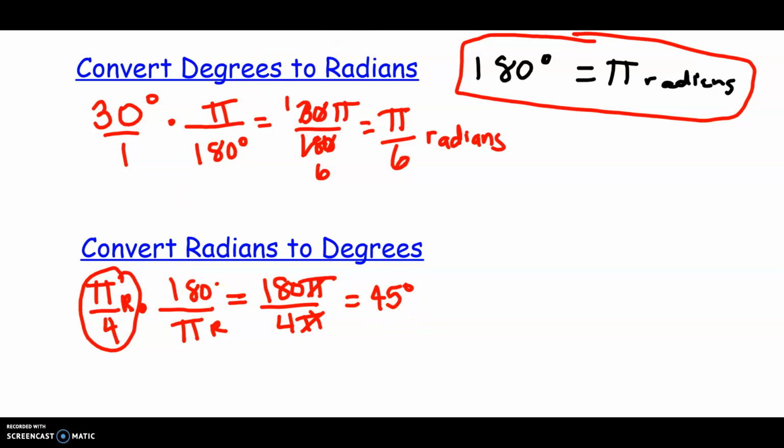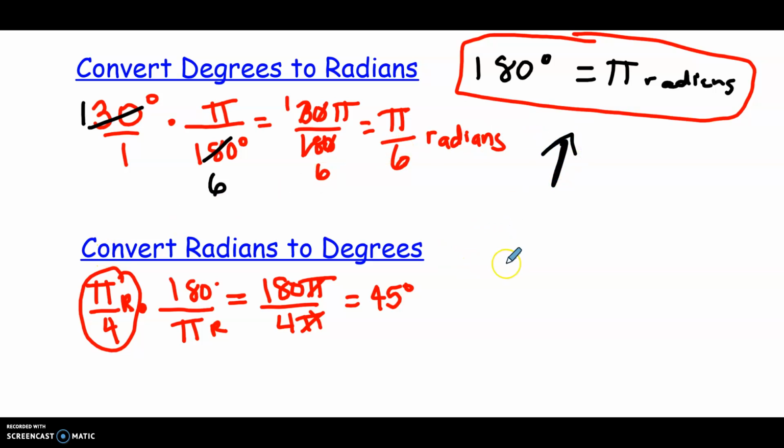Guys, you could cross-reduce before, like here, I could have cross-reduced and said 30 goes into itself once and 30 goes into 180 six times. But you just need to know that if you're multiplying fractions, it's numerator times numerator, denominator times denominator. I don't want anyone cross-multiplying. So that's the way that we most generally change degrees to radians and radians to degrees: we look at the conversion.